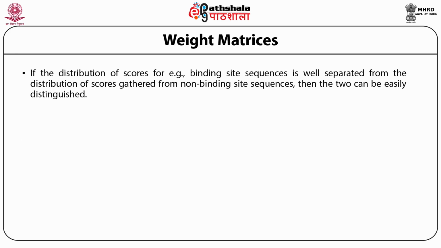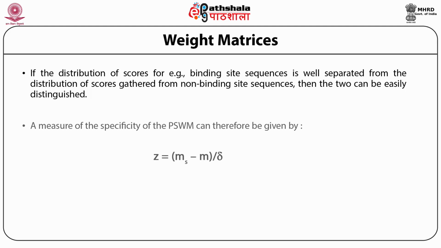Now if that is the case, I can do some statistics to say whether a given score is significant or not, and that can simply be done by the z-score, which we first saw when we were analyzing BLAST in the previous module.